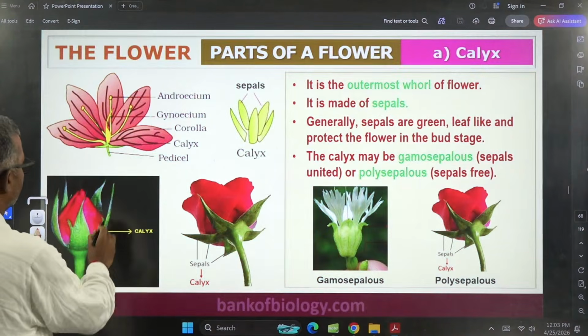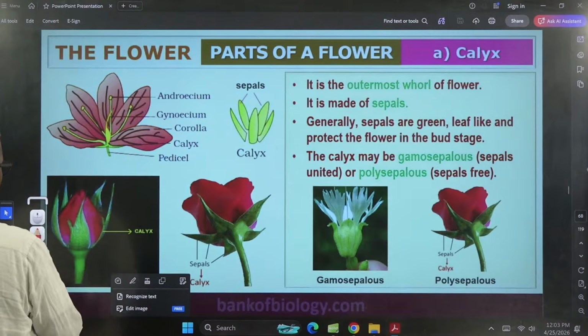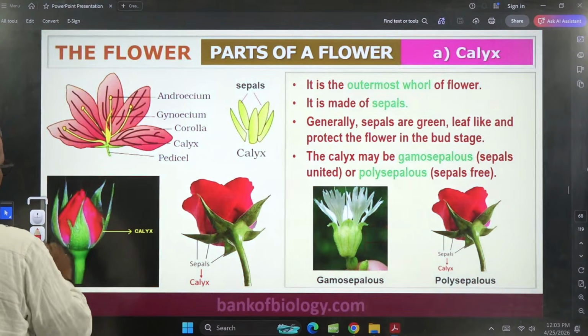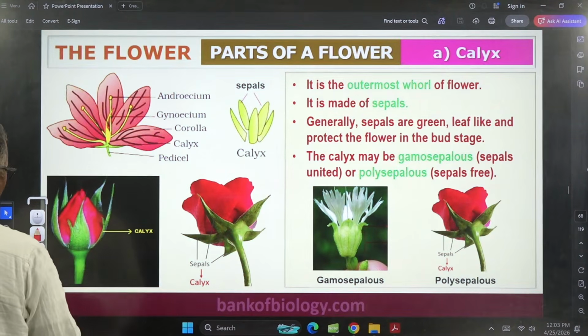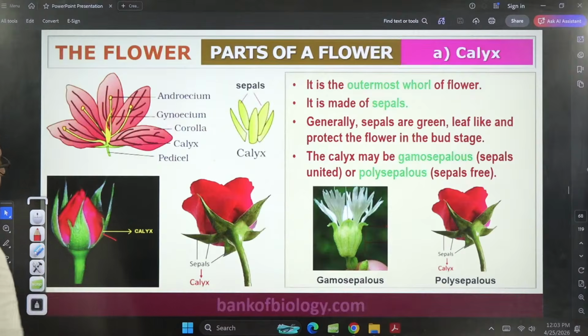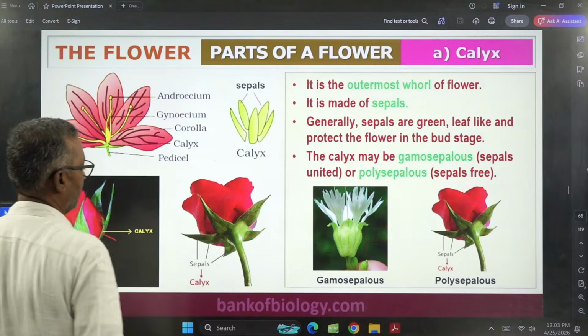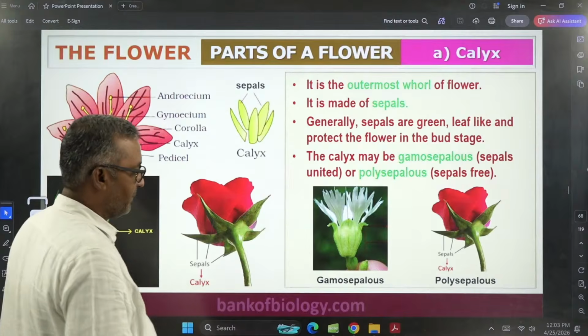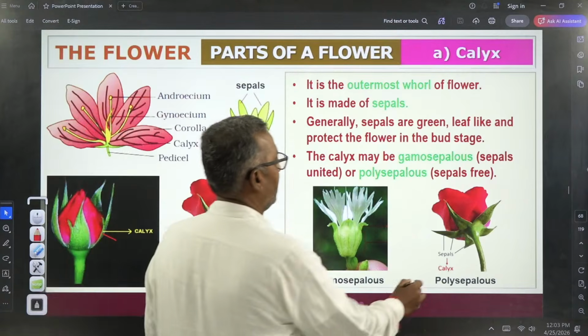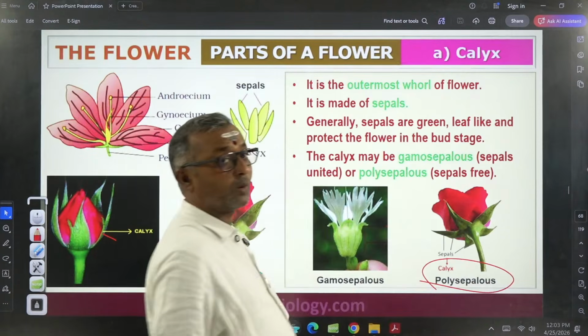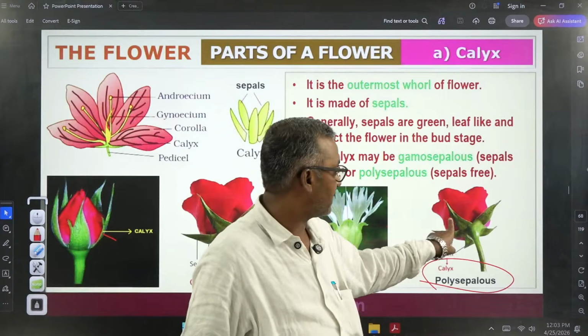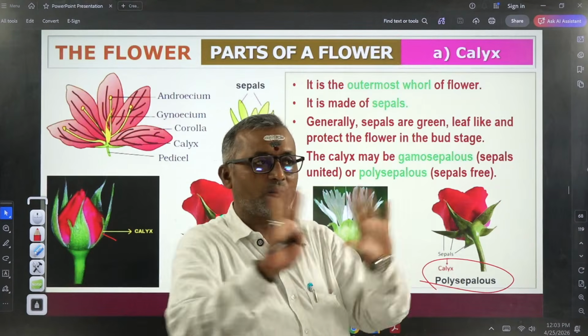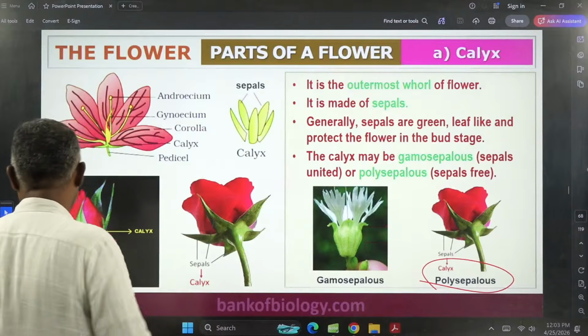So they are free from each other like this. If they are free from each other, then such sepals are called polysepalous. What do you call them? Polysepalous. You can see here, they are not united, so they are polysepalous.